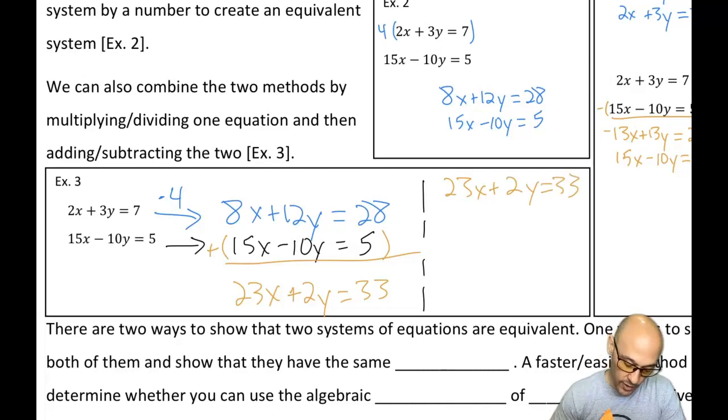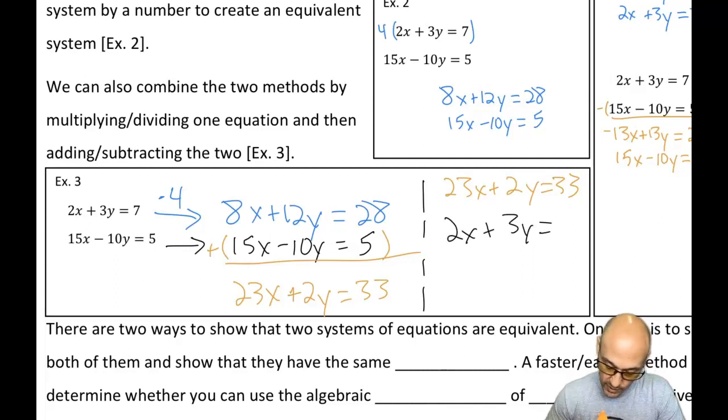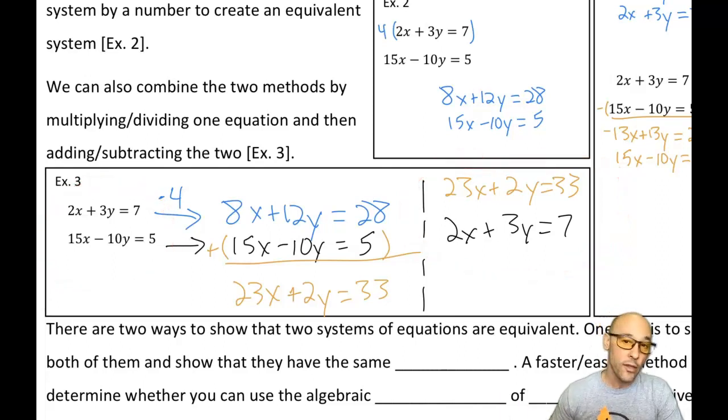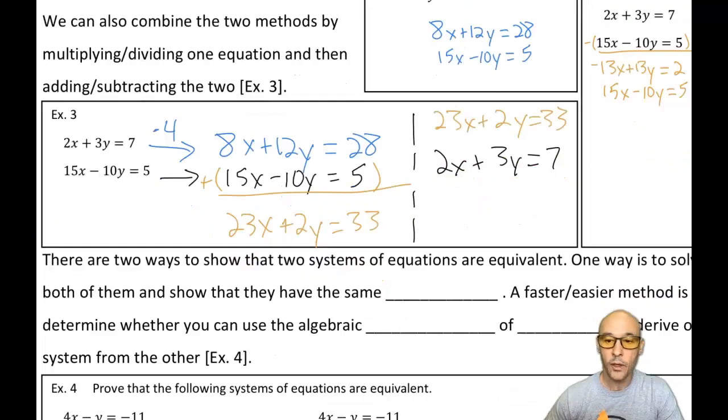And I can combine that with either of the original first two. Let's do 2x plus 3y equals 7, so I used the first equation there. And so what we say is that this is still equivalent to the original, and so are all of the other ones that we've created as well.